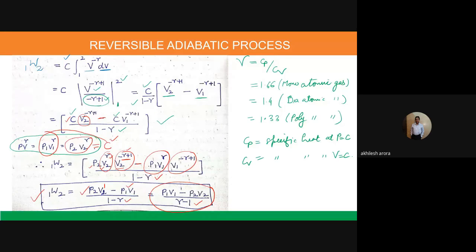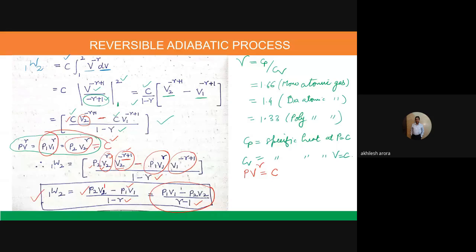One more thing I would like to tell you here is, as I told you, this is one of the relationships for a reversible adiabatic process, which is given by PV raised to power gamma is equal to constant.